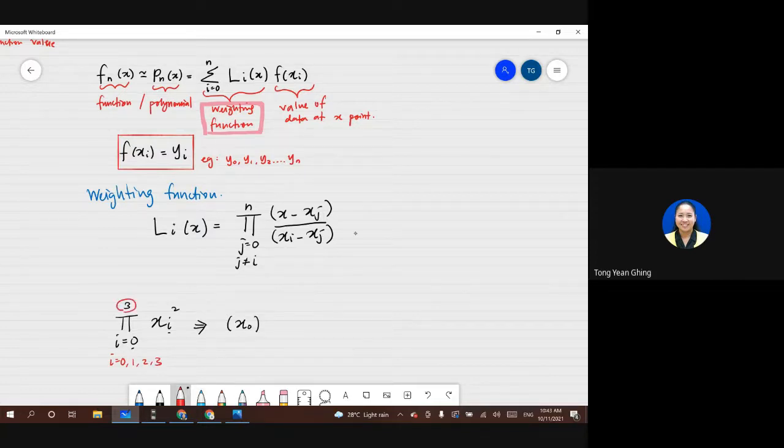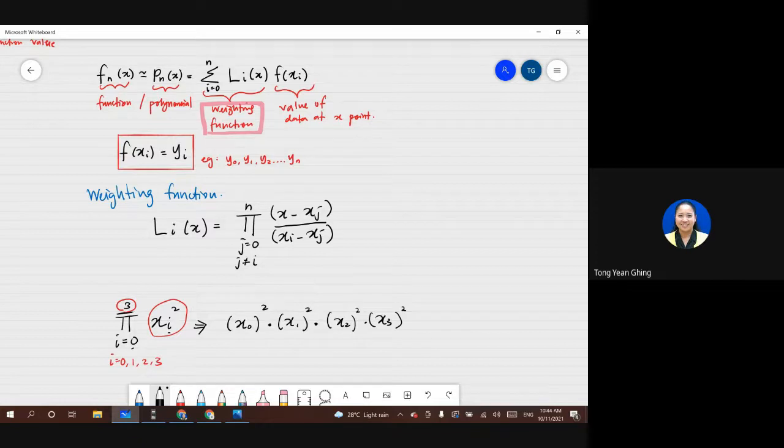Based on these equations, this will be x naught square times x1 square times x2 square times x3 square. It will multiply until n.